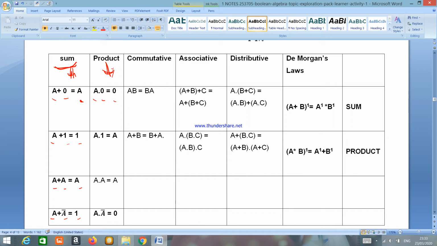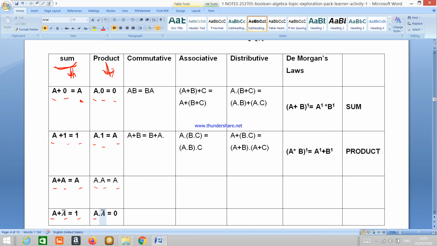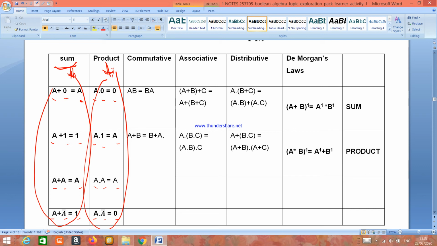And A times 0 is 0, A times 1 is A, A times A is A, A times A dash is 0. Now we are done with these 4 identities plus 4, so 8 identities. Now there is something called the commutative law, associative law, distributive law, and De Morgan's law.